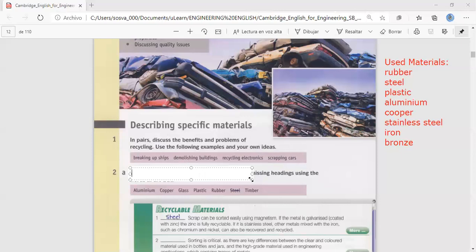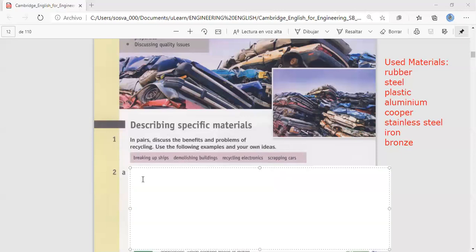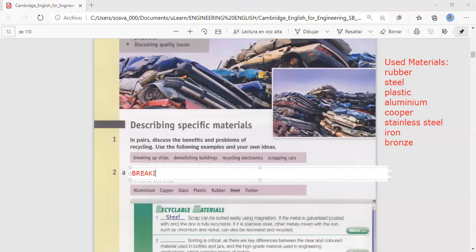Okay, talking about breaking up ships. This is a good point because we can obtain large amounts of steel. You know, the ships are made of steel.